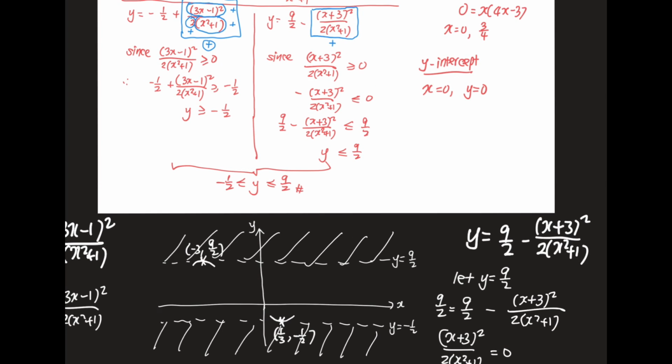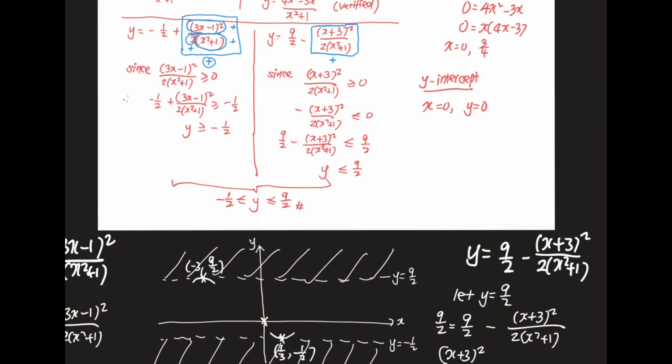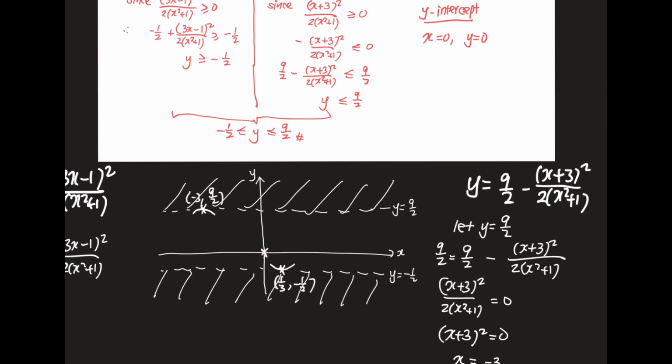So the graph will pass through 0, 0 from what we found. And then the other x-intercept is 3 over 4, so we should expect 3 over 4 somewhere over there. The graph should go like that.